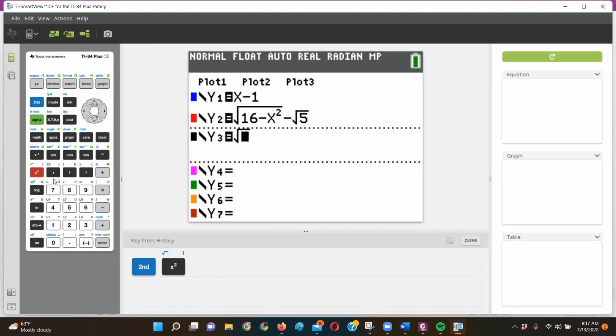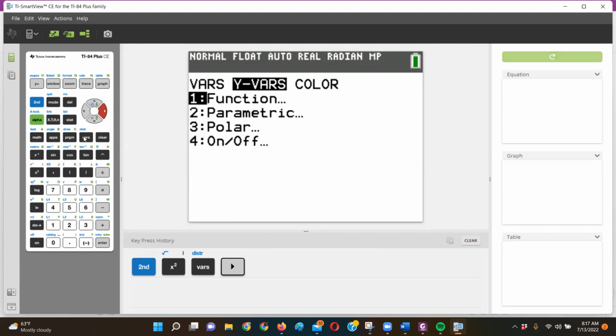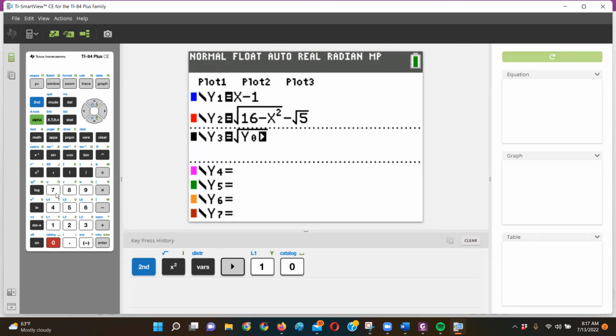Now here comes the part that you probably don't know how to do. So I want to take the stuff in y1 and square it. So all you got to do is press vars, come over to y bars, type a 1 because that's where the functions are, and then I want y1, and then want to square it. Why did I do y0?